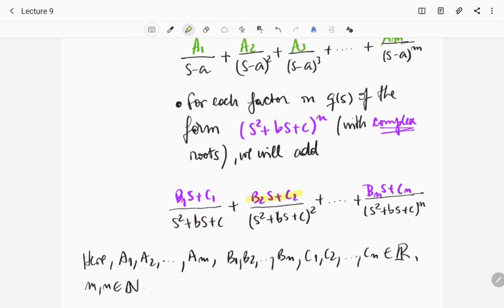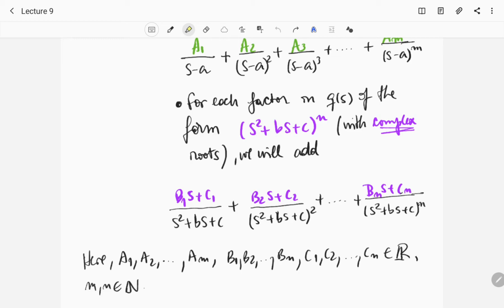Then another combination, b2 times s plus c2 over the polynomial to the power 2, and so on until we cover the n powers. And we have these constants bn times s plus cn. And all these are numbers.